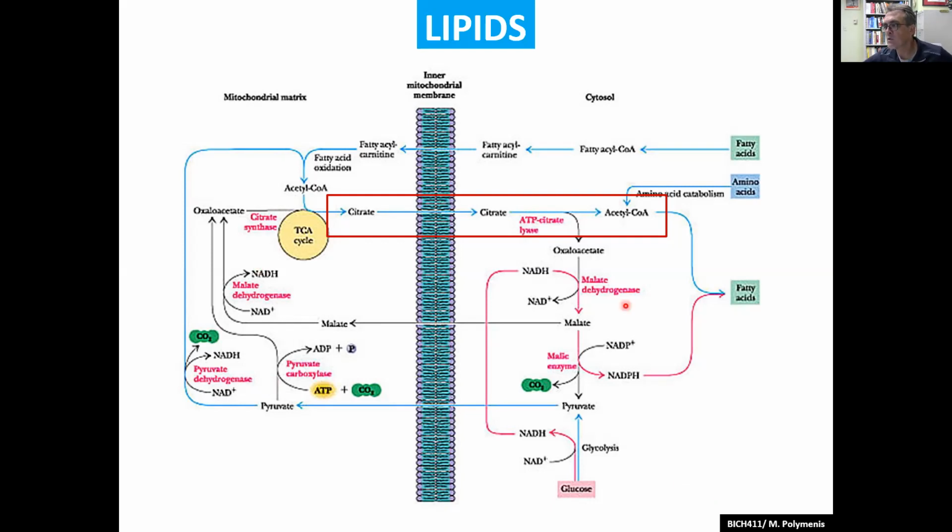We're not going to go through this in detail, but suffice to say that the source of acetyl-CoA for acetyl-CoA carboxylase is citrate. You release it by ATP citrate lyase, which generates oxaloacetate, and we have seen how that gets back into the mitochondria. And now this acetyl-CoA can be used for fatty acid synthesis.